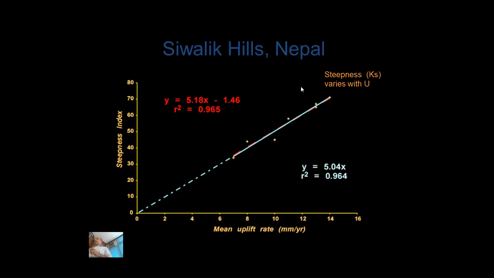So if you have constant uplift rate, then you may have a higher steepness on harder rocks and lower steepness on softer rocks. So we have to correct. Usually this is only applied when you're comparing basins on similar rock types, or at least you have to be aware that you may be crossing into another rock type, and so this relationship may become more complex.